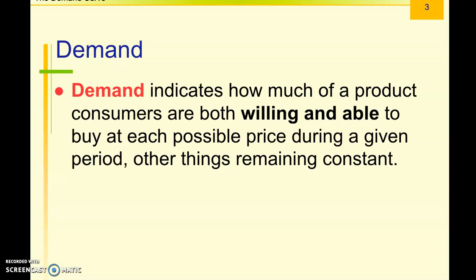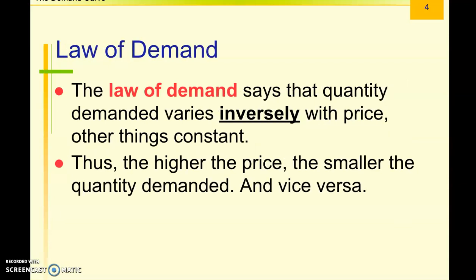So let's look at how the law of demand actually works. The law of demand is a law of inverse nature. So you know this, when prices go up, you're going to buy less, most likely anyway, of that product. And if you don't, most other people probably will.